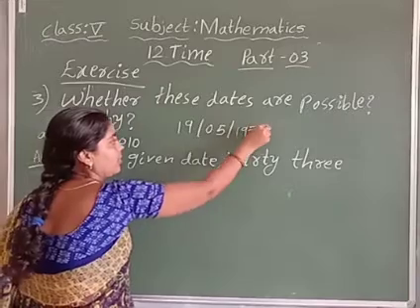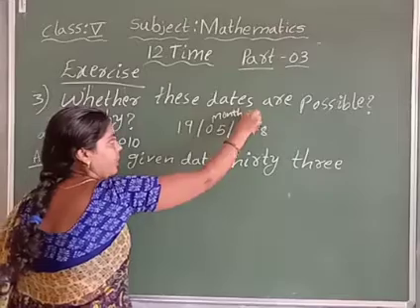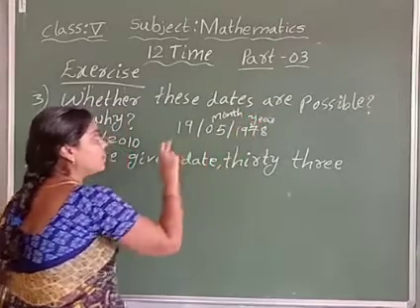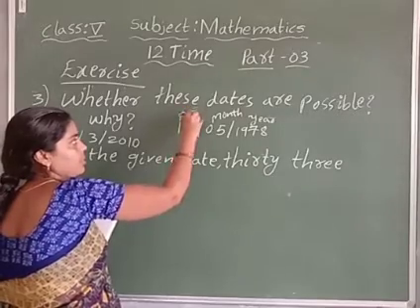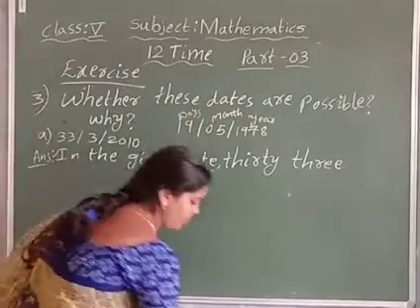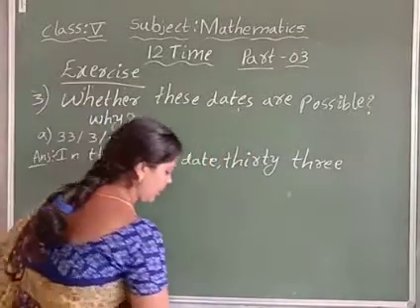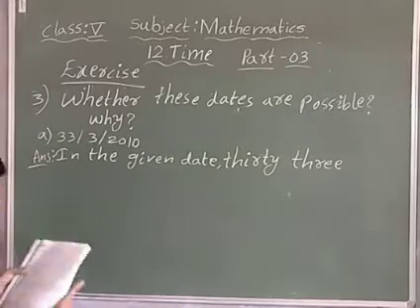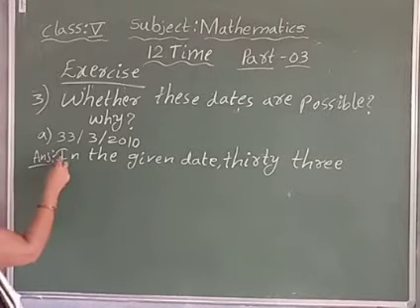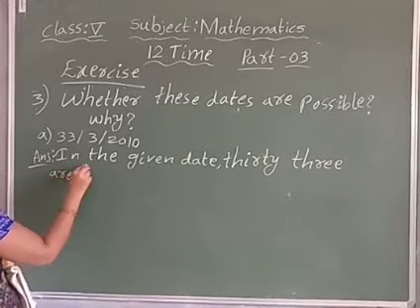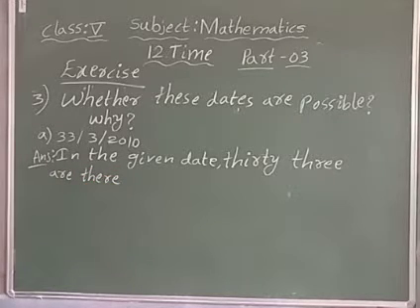You will drop that one. So here month, and here I am only explaining. See here, days. There are 33 days. How many days are there? 33 days are there.